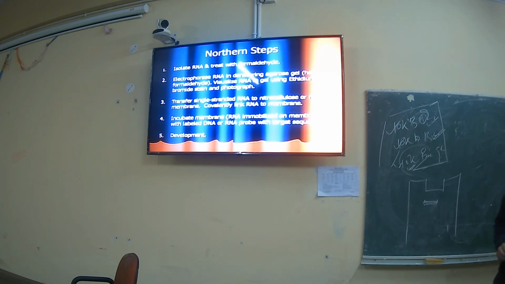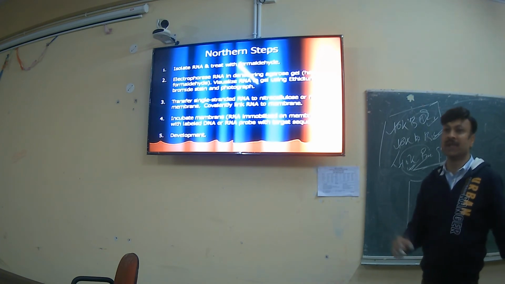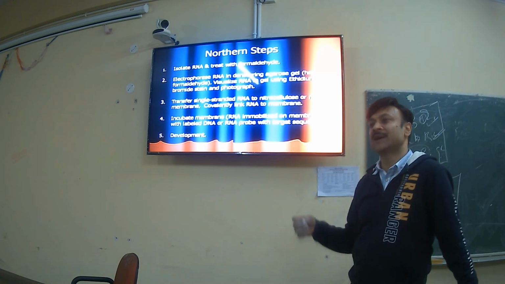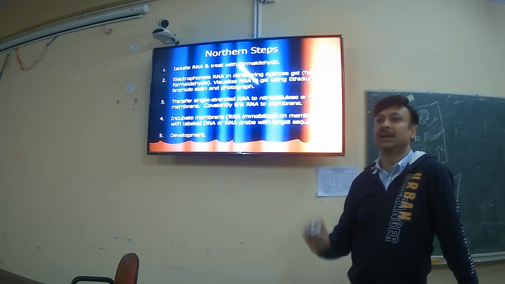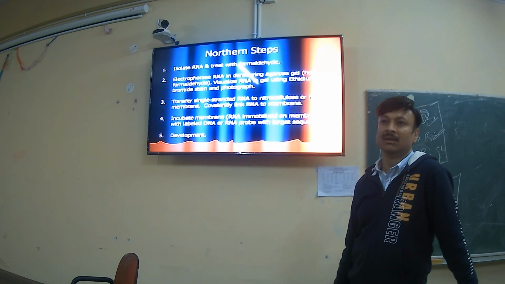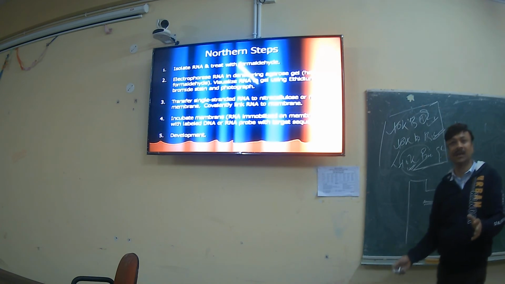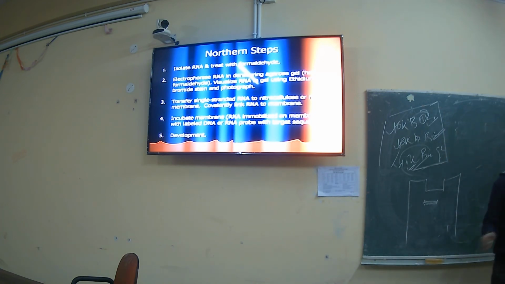Does the base sequence or base composition of RNA and DNA make any difference in size, or in respect to their charge? If there is a DNA and a RNA, there is some difference. Will the charge be different or the size be different?